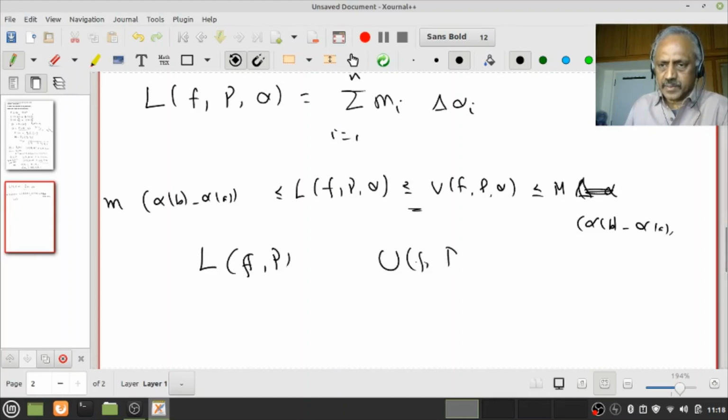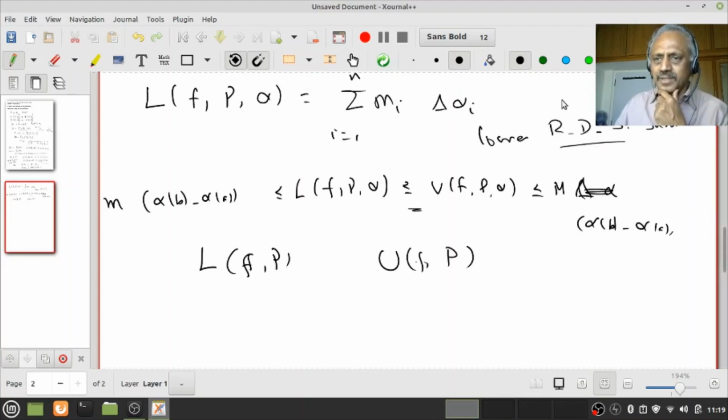Now I am in the Riemann-Darboux sum, not Riemann-Darboux-Stieltjes. I will call this the Riemann-Darboux-Stieltjes lower sum, quite a mouthful, or the lower alpha sum, which is easier to say. But I am just looking at this. What is the geometric meaning?